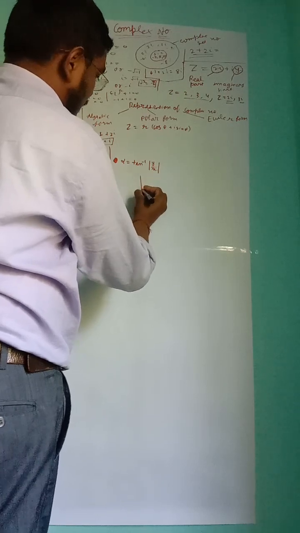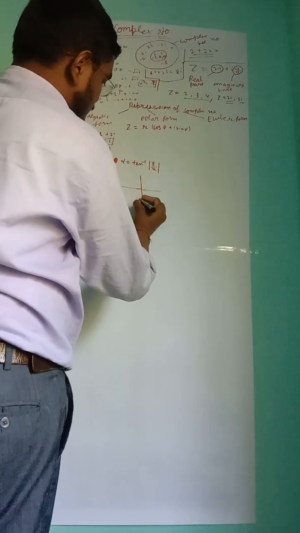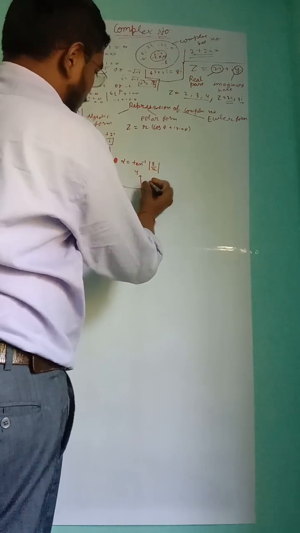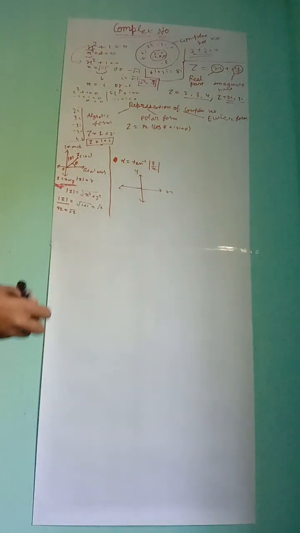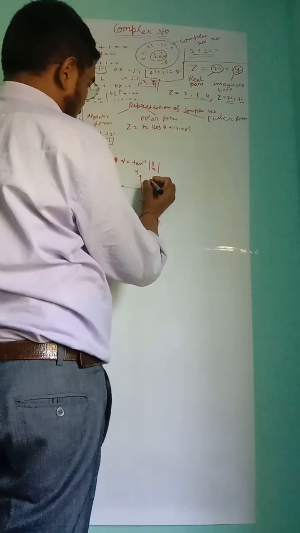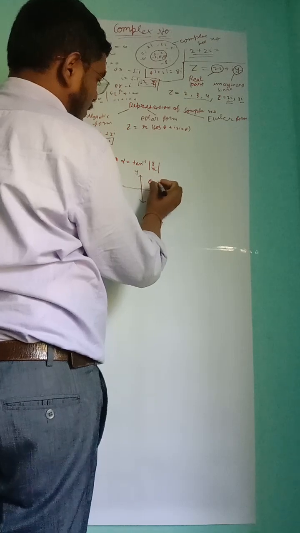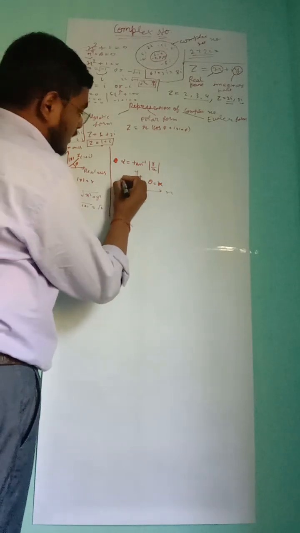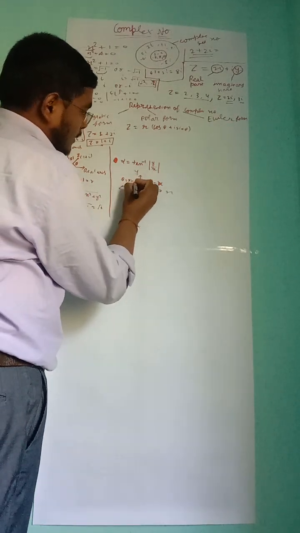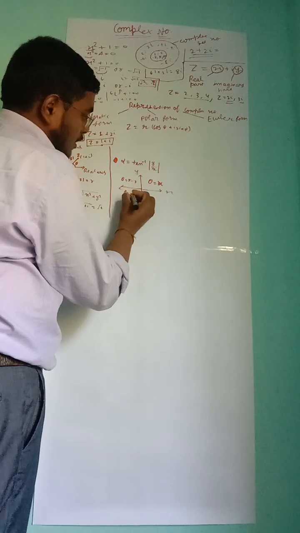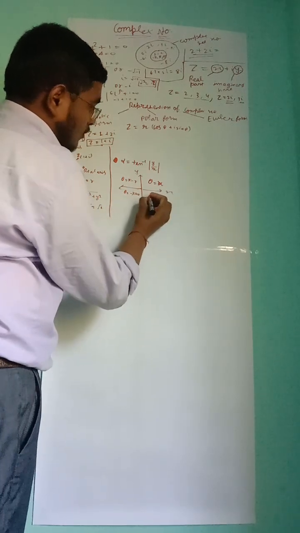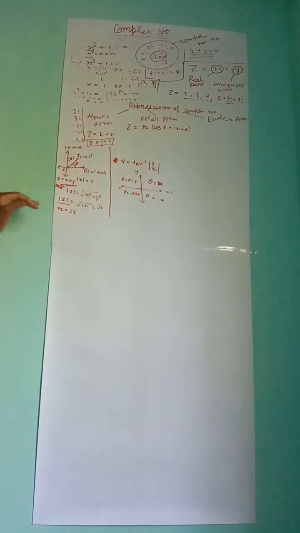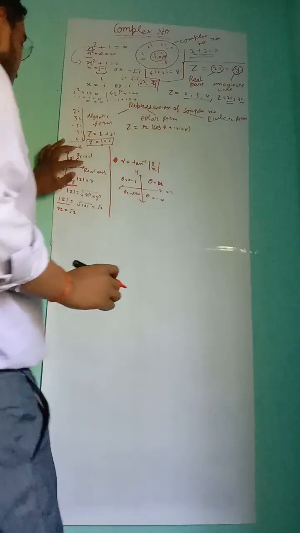We have four quadrants: this is first, this is second, this is third. In first quadrant, theta is equal to alpha. In second quadrant, theta is equal to pi minus alpha. In third quadrant, theta is equal to minus pi plus alpha. In fourth quadrant, theta is equal to minus alpha.